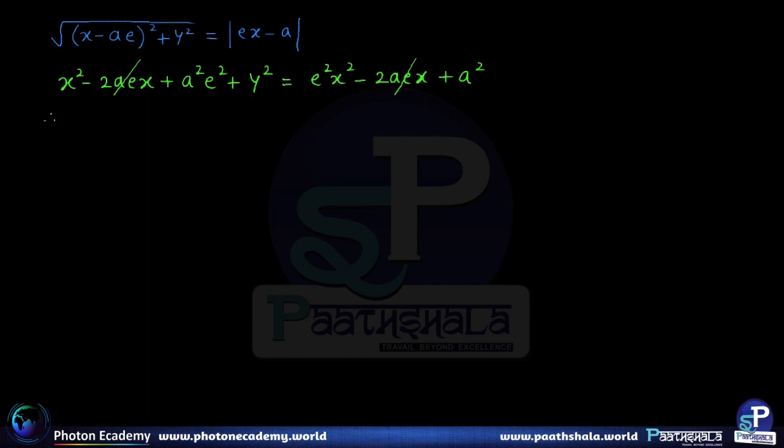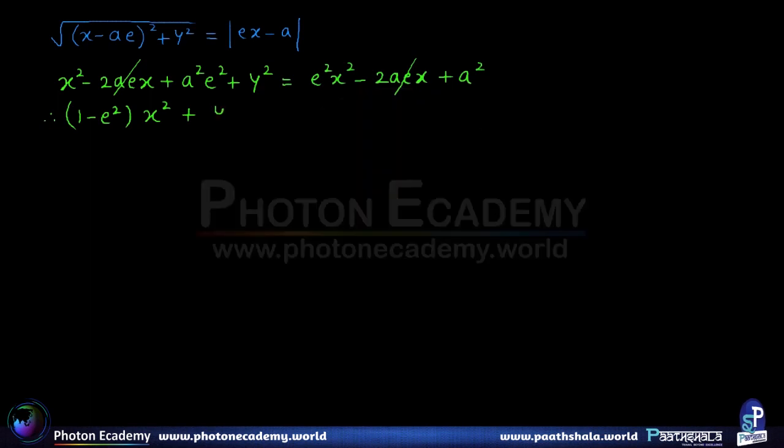Therefore let us collect all the terms. So bringing the x square term on left side, we get (1 minus E square) common times x square, then y square term as it is, and the constant terms we shift to the right, that is A square minus A square E square. So from there we can take A square common and we have 1 minus E square.